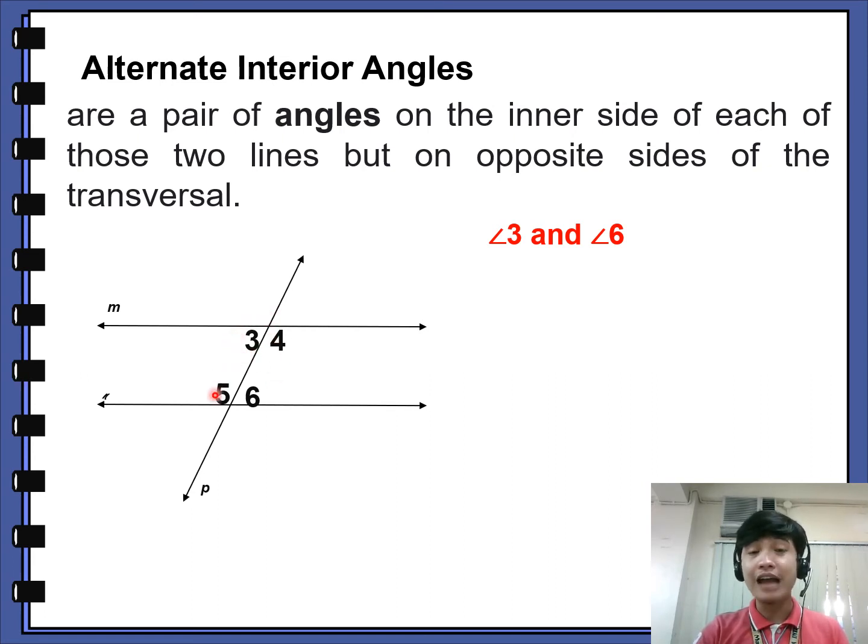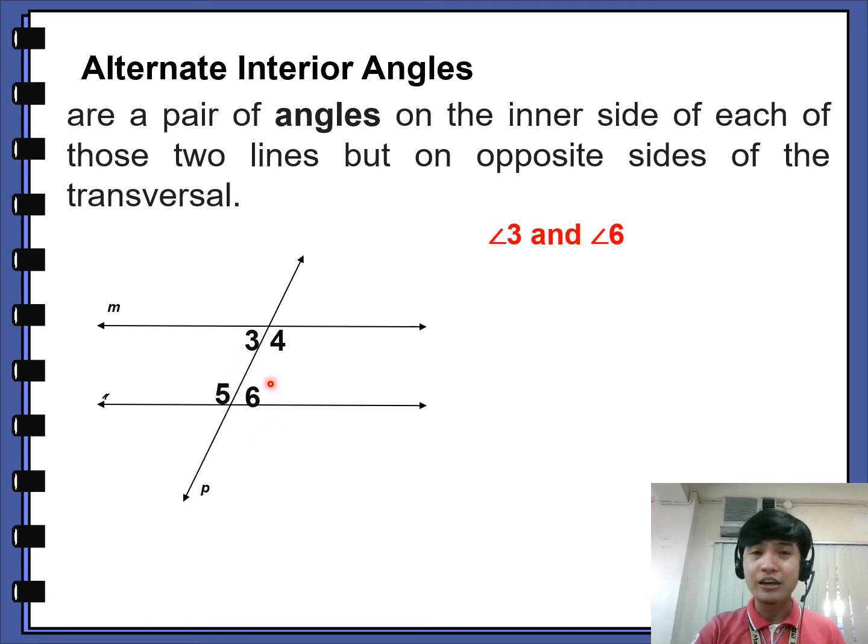Ito kasi angle 3, angle 5, meron silang common side. Ayan o. May common part sila. At the same time, nasa same side ng transversal. So, si angle 3 tsaka si angle 4 hindi pwede kasi adjacent. Though nasa opposite side ng transversal, hindi rin pwede kasi nga adjacent sila. So, angle 3 and angle 6 ay alternate interior angles.